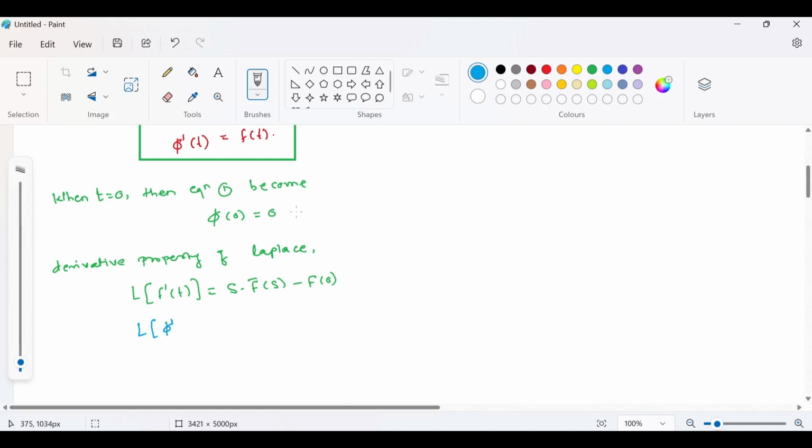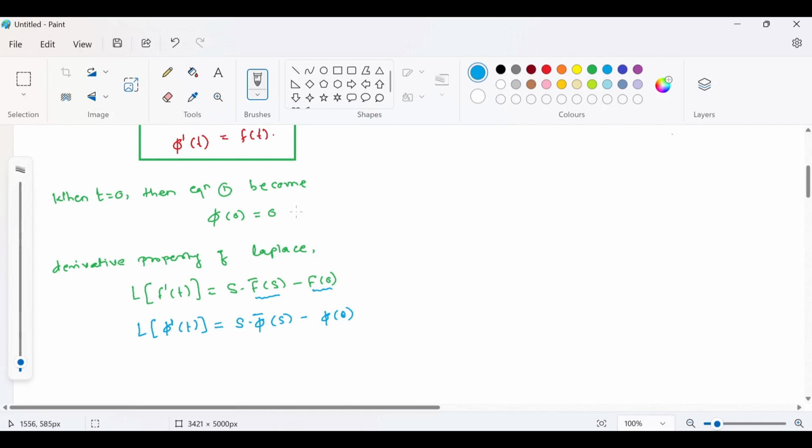Laplace of phi dash of t is equal to s into phi bar of s minus phi of 0, right?